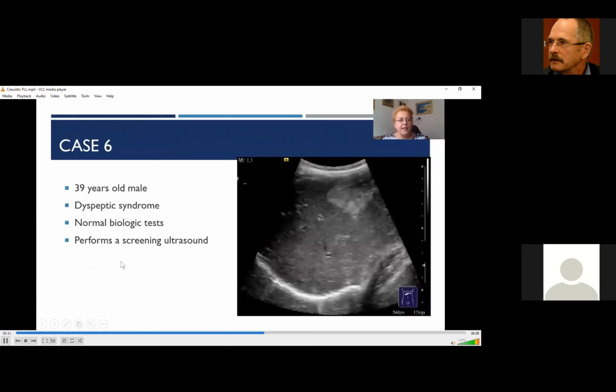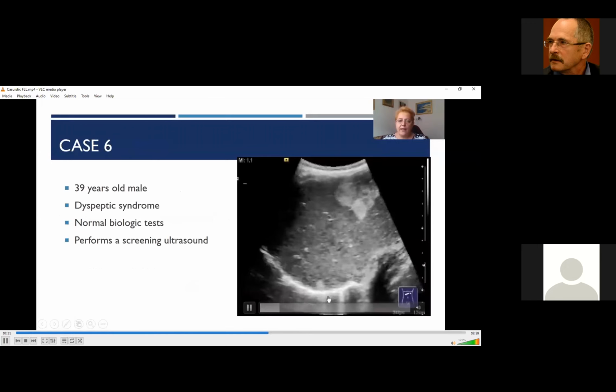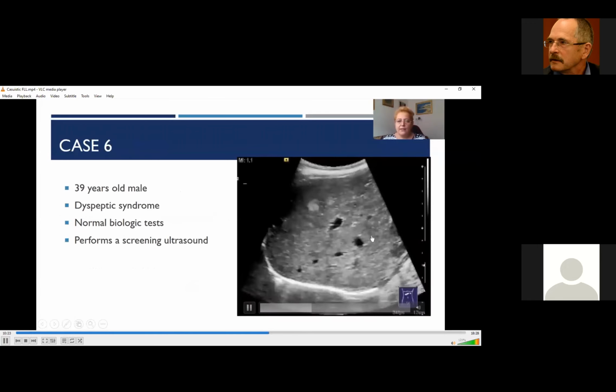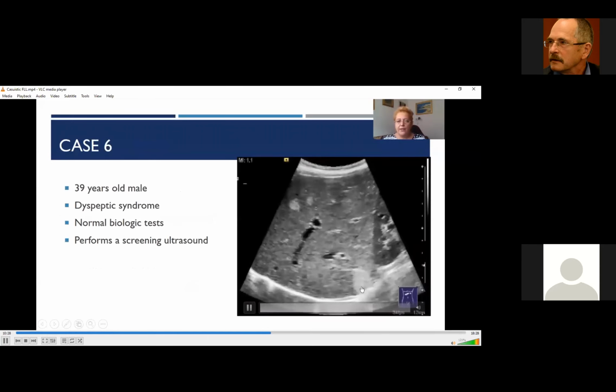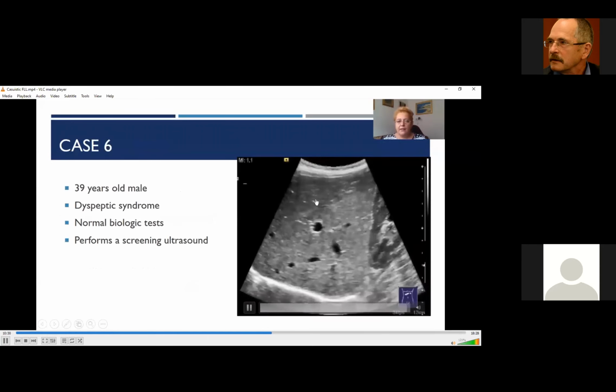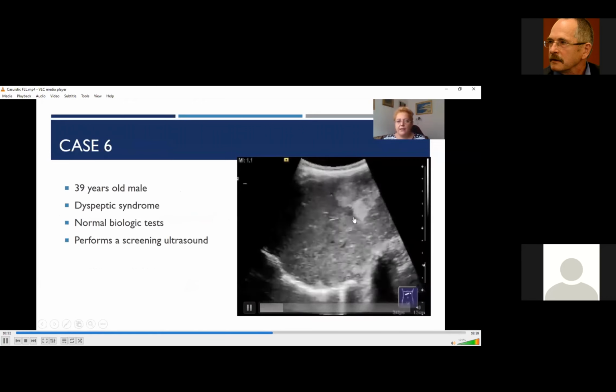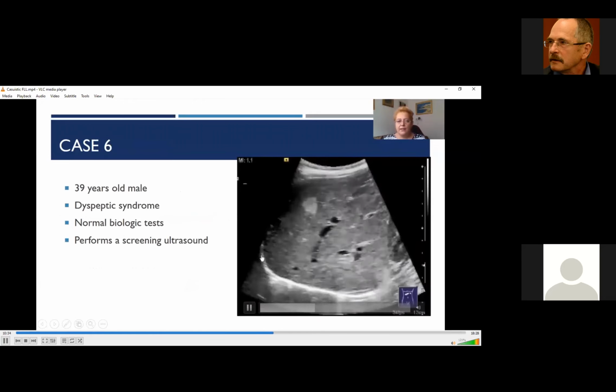The sixth case is a 39-year-old male who presented for dyspeptic syndrome with normal biological tests, and we performed ultrasound. In the liver, you can see several lesions, one here, and a little one here, and another one here.